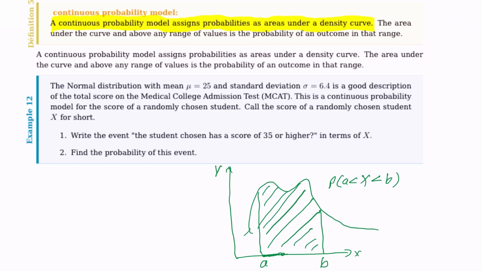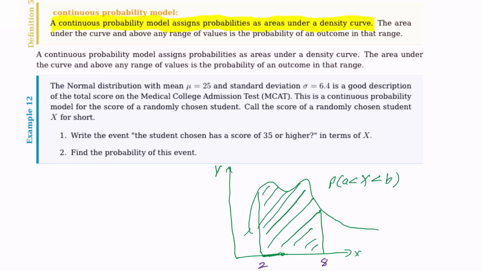Let me explain again the difference between discrete and continuous cases. Suppose instead of A, I use numbers as an example. Here I say 2, this one 8.